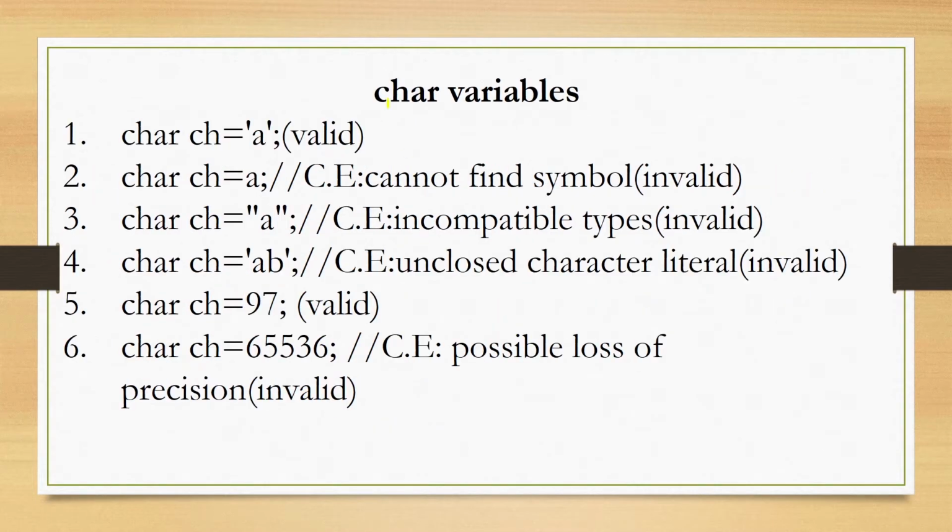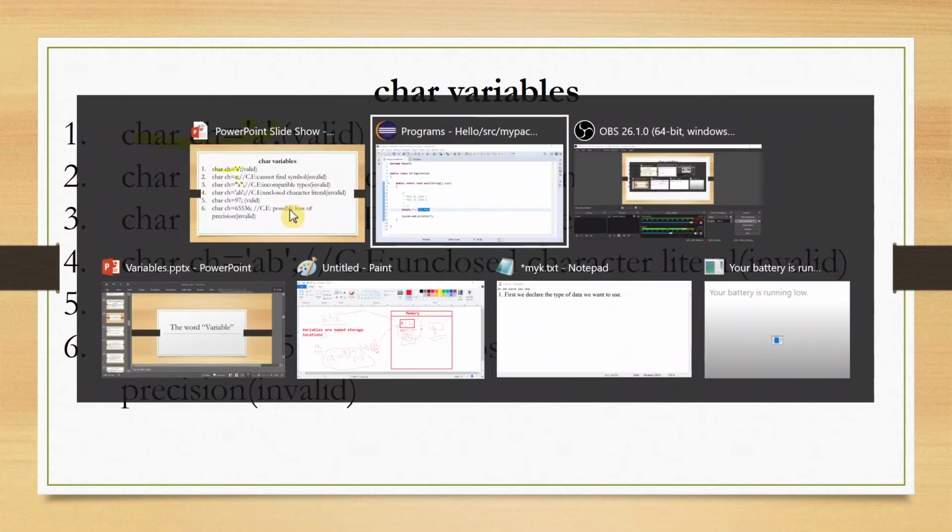So let's move on to some examples of char variables. char ch equal to 'a' in single quotation marks is valid, we have seen this. Then if we try to declare it without the quotation marks, we would get an error. If we try to use double quotations also, we get an error. Let's see this.